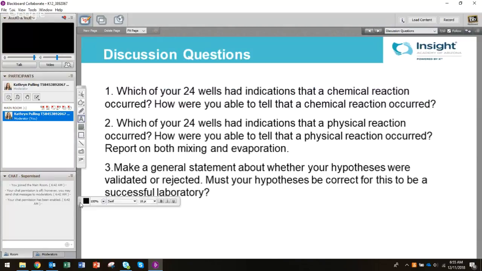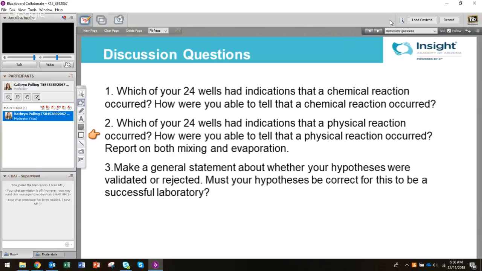So again, these are your questions. These 2 can be combined together into one table. Or you can create a table that has the chemical reactions and then another table that has the physical reactions. Either way works. All right, but just know, if there's not 24 pairs of chemicals that you talk about, you will lose points.